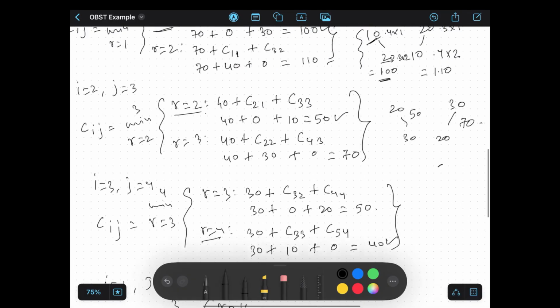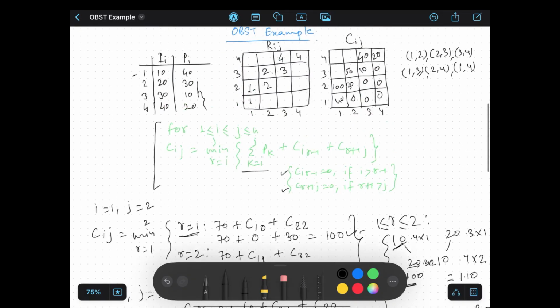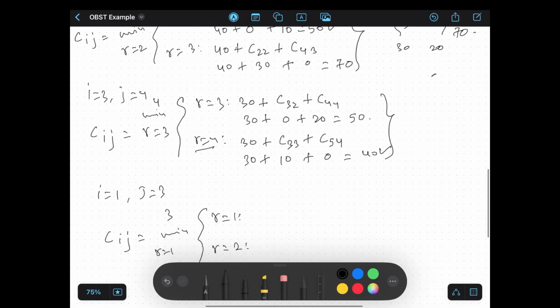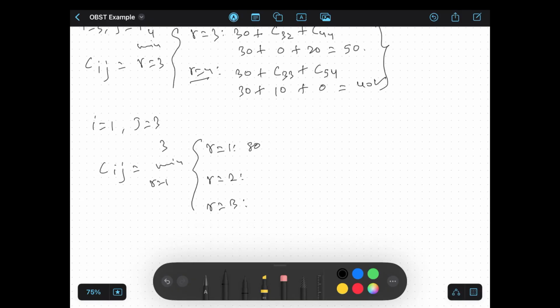So summation of probabilities from 1 to 3 is 40, 30, and 10, which is 80. So this is 80 plus cost of i is 1 and R minus 1 is 0, plus cost of R plus 1, 2 and j is 3. So this is 80 plus, this is boundary condition, and this is 50, which is 130.